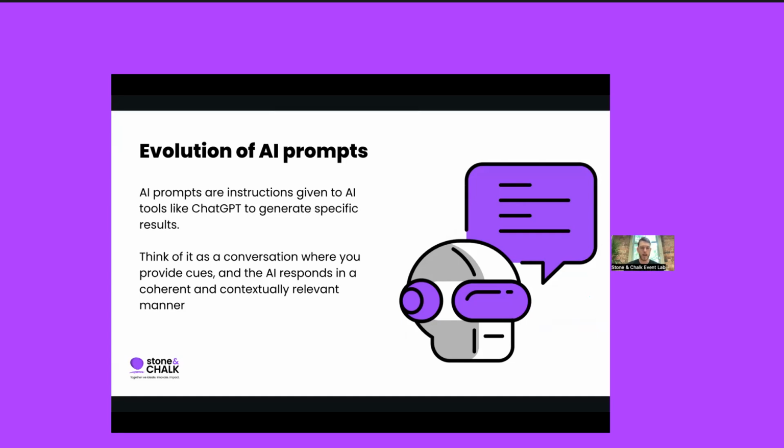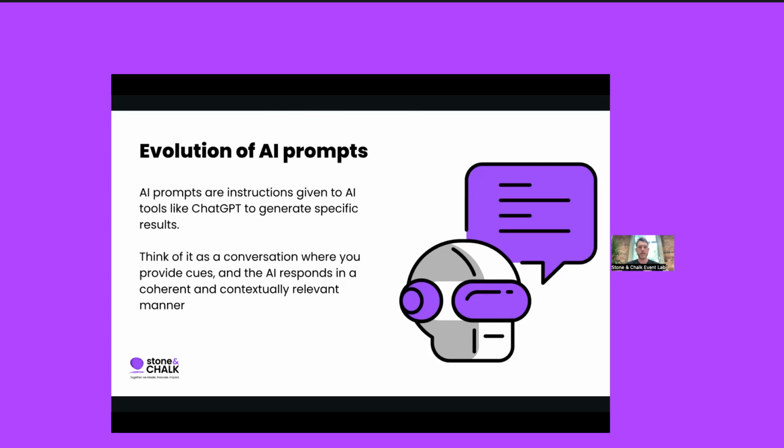The journey of AI prompts has been quite fascinating, from simple keyword-based queries to more sophisticated and context-aware interactions. This evolution has enabled AI tools to comprehend and generate human-like text, revolutionizing how we interact with technology.